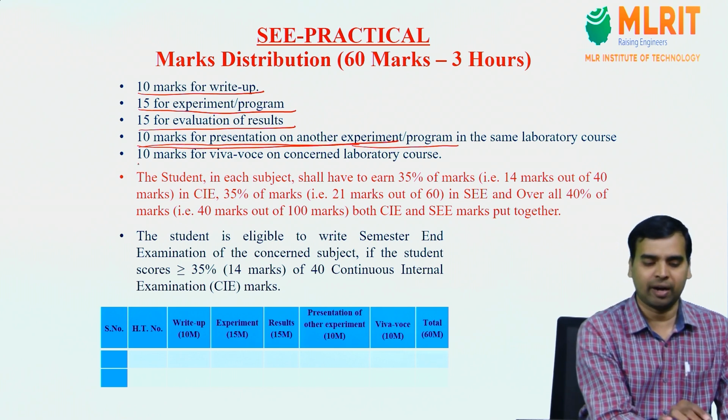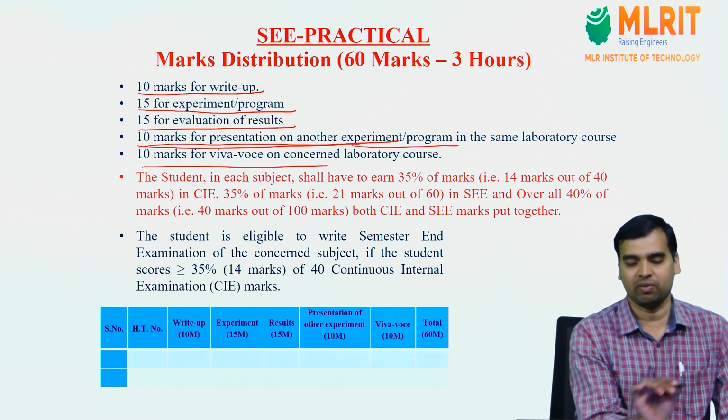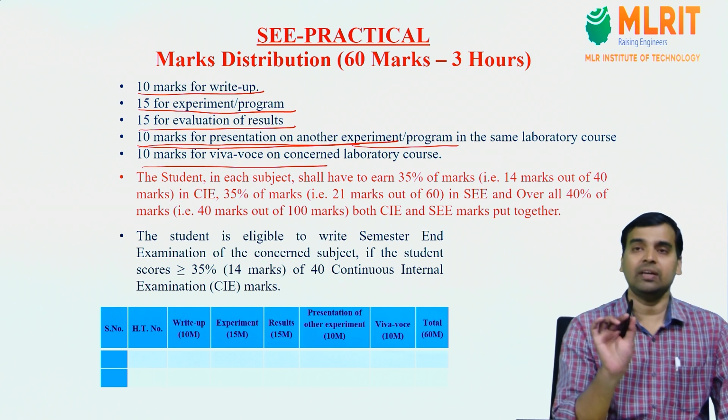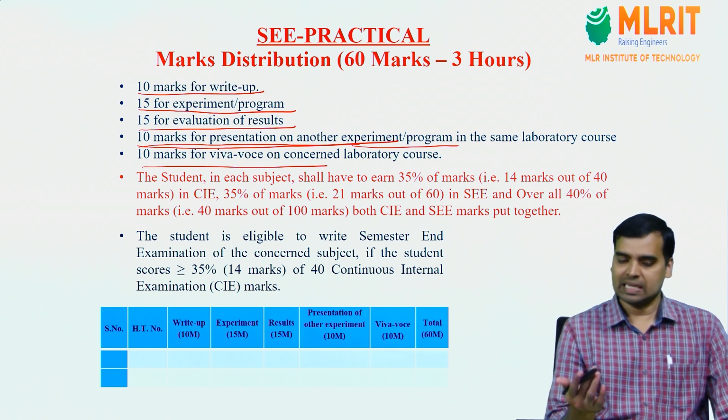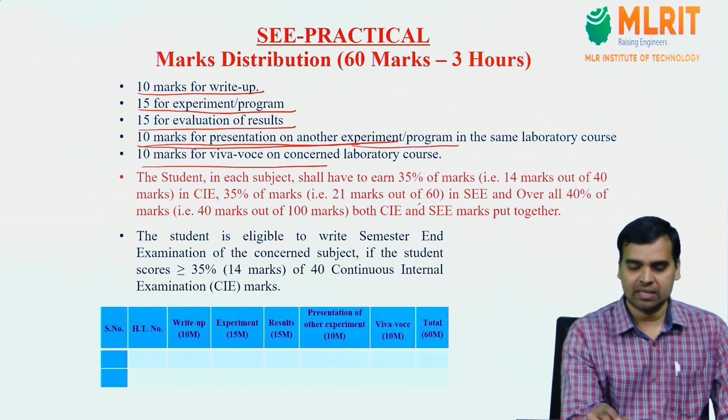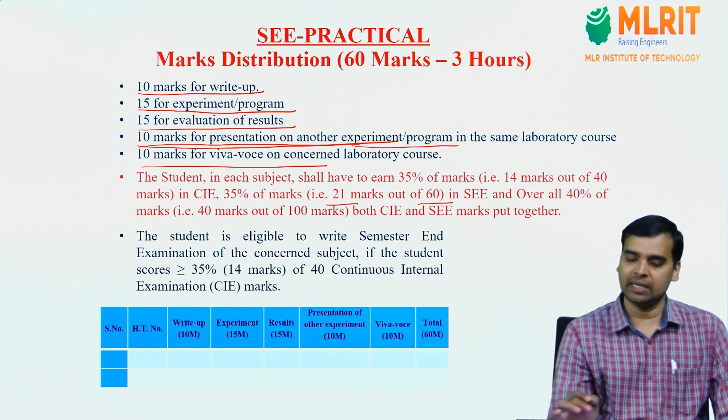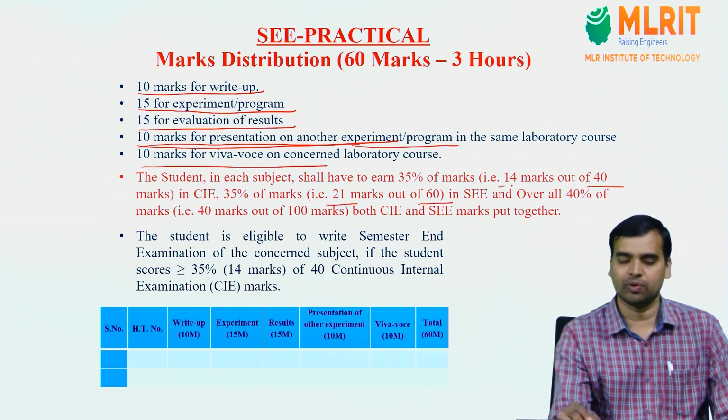And the remaining final 10 marks are for Viva. In such a way, the SCE exam is going to be evaluated. In this SCE exam also, out of 60, 21 is the pass mark. Again in internal also, out of 40, 14 is the pass mark.